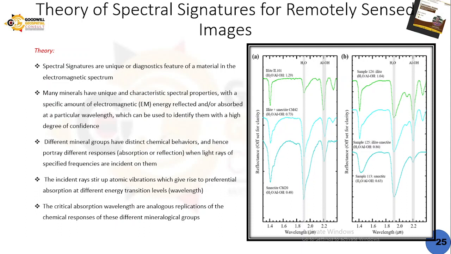So spectral signatures are diagnostic features of a material. Now, once light rays are incident on a material, as discussed earlier, depending on the molecular structure, the material tends to absorb certain radiations at certain frequencies or wavelengths and emit certain radiations. So that's the principle of spectral signatures.